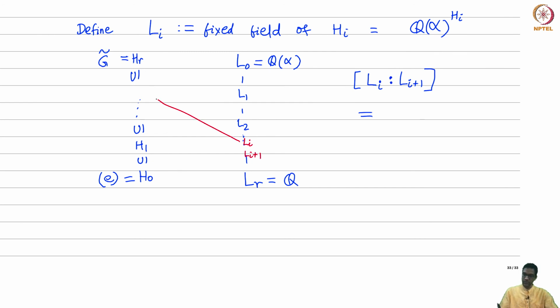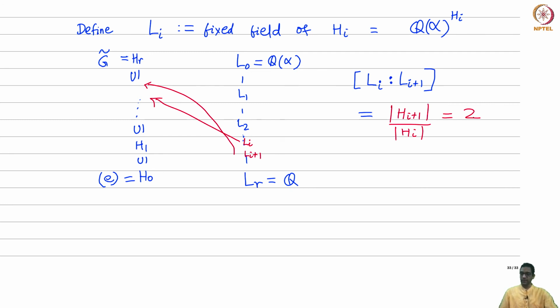So Li corresponds to Hi, L i plus 1 corresponds to H i plus 1, so it goes in the opposite order. This is just the cardinality of H i plus 1 divided by the cardinality of Hi. Okay, this is just from the fundamental theorem again. And now the way we have chosen it, this is just 2. Okay, so that completes the proof.